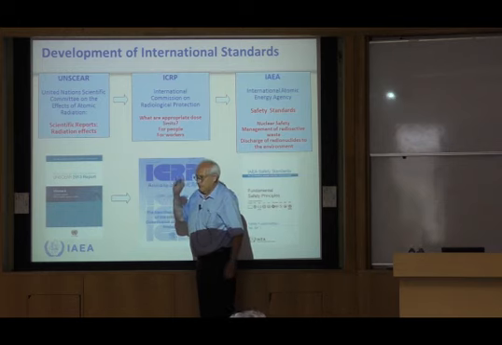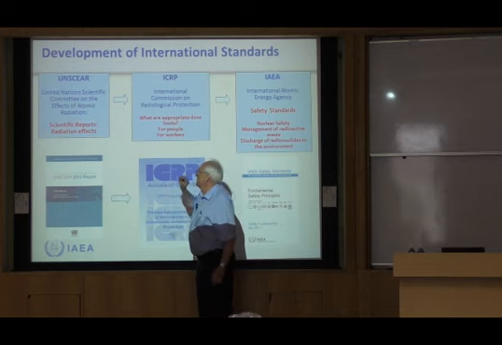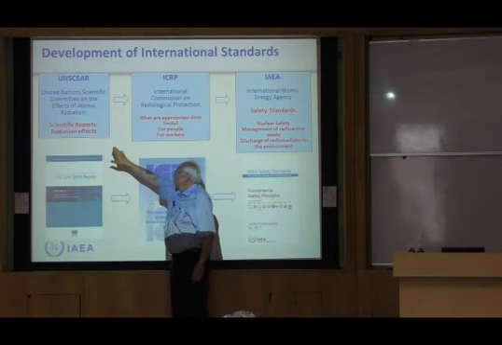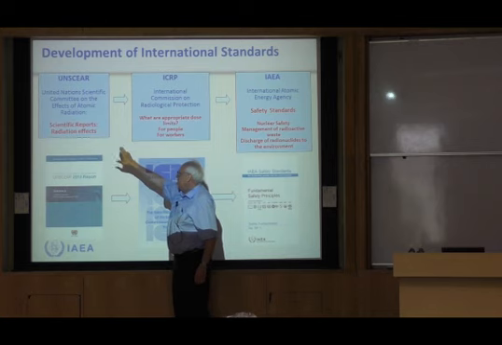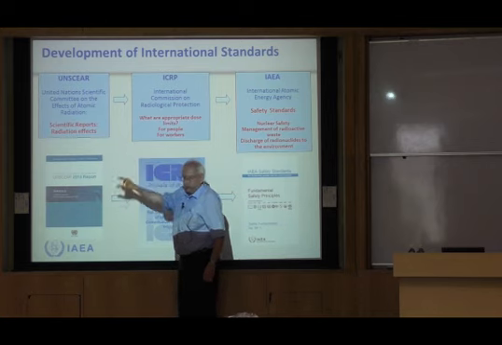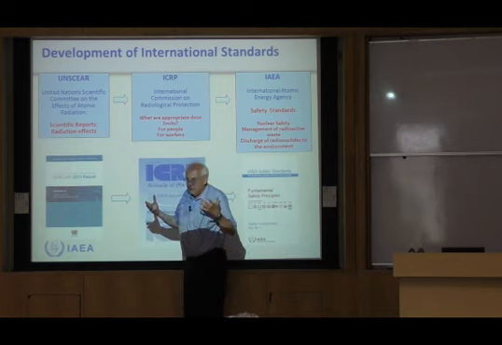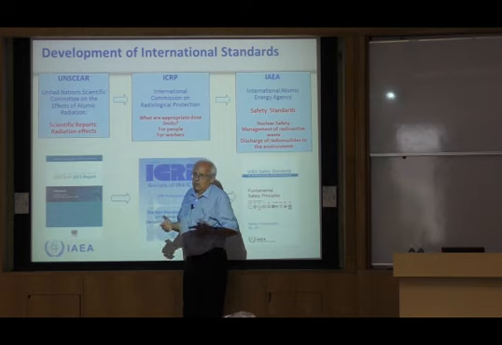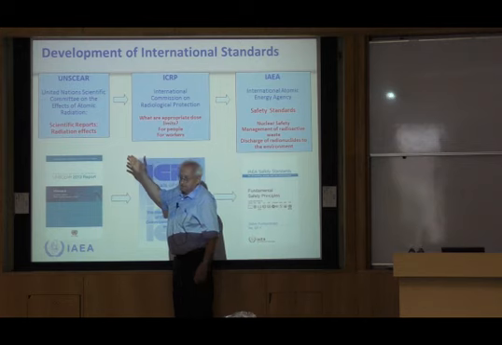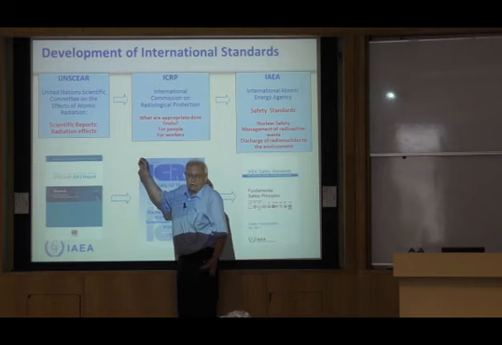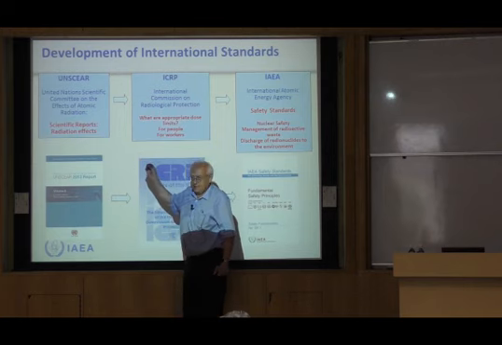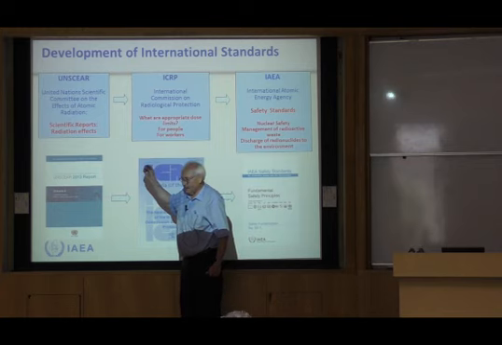It's a committee for the United Nations, and on a regular basis they prepare scientific reports on radiation effects in general. For example, one recent example was the UNSCEAR report on the doses and effects following the Fukushima accident which happened in 2011.